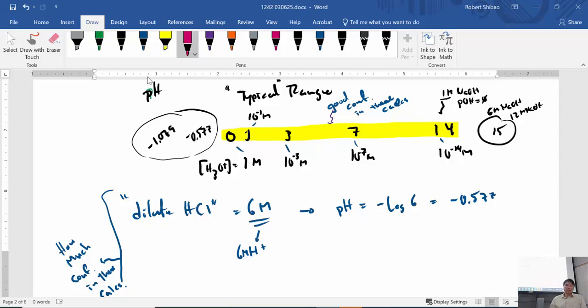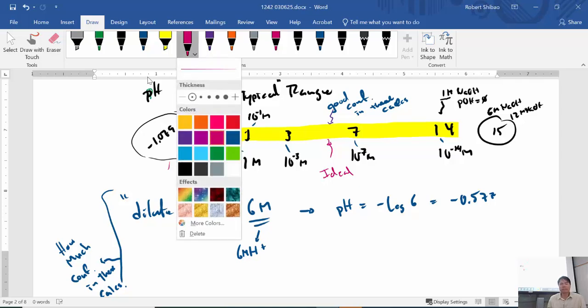Maybe, but maybe not. Let me give you the answer then. These, we expect ideal behavior. These are going to start to deviate from ideal behavior. At low concentrations, the solutions behave more ideally.